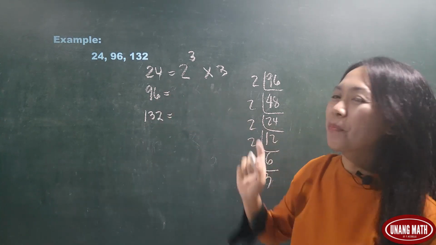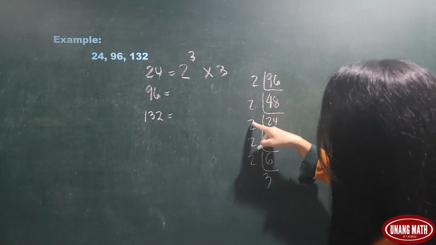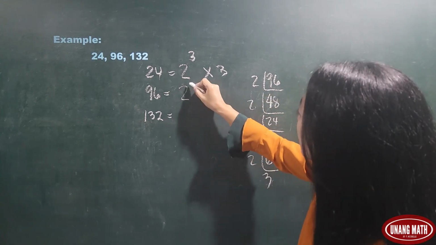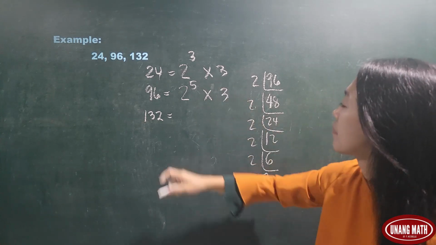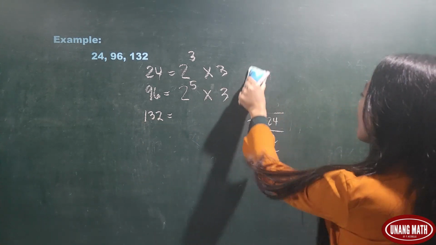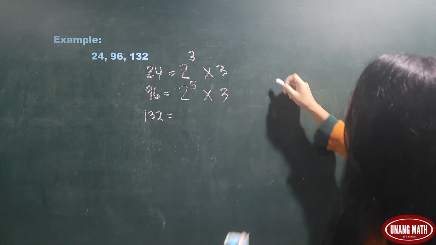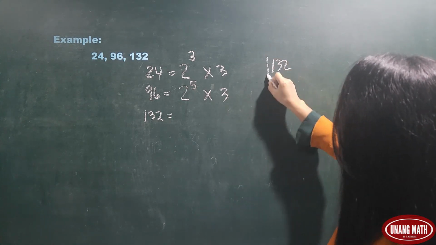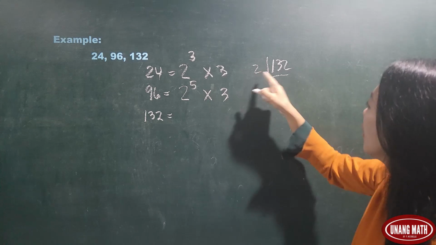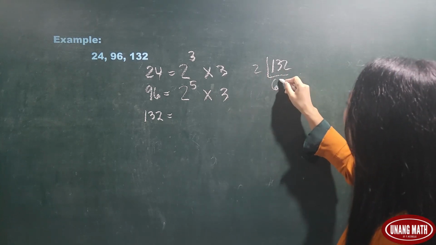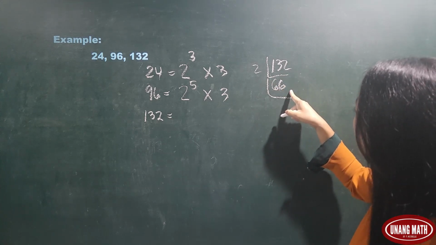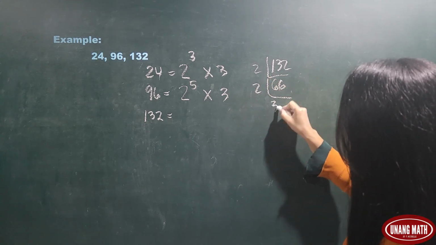So 96's prime factorization is 2 raised to the power of 5 times 3. How about 132? What is 132's prime factorization? 132 divided by 2 is 66. 66 divided by 2 is 33.